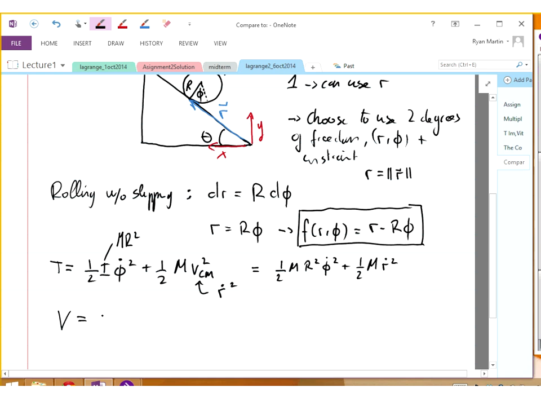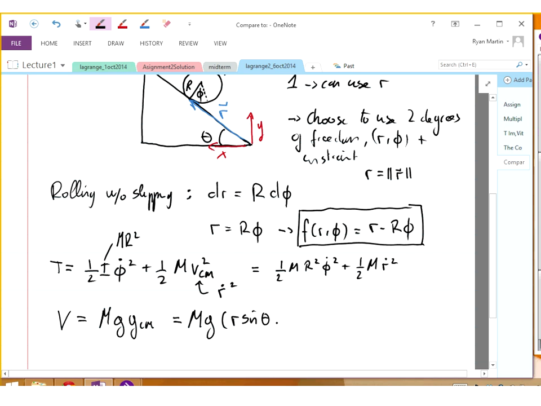The potential energy is the mass of the hoop times g times the y position of the center of mass. So the y position of the center of mass is going to be r sine theta. So r sine theta puts you at the contact point, right?